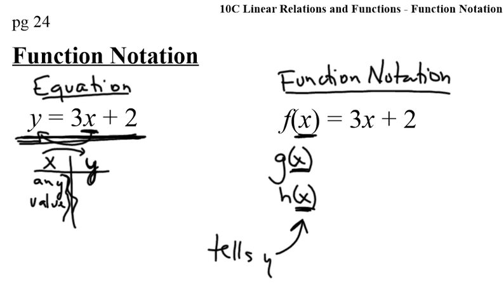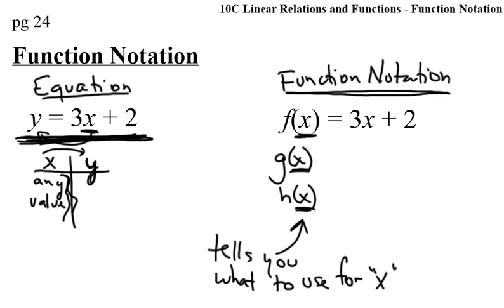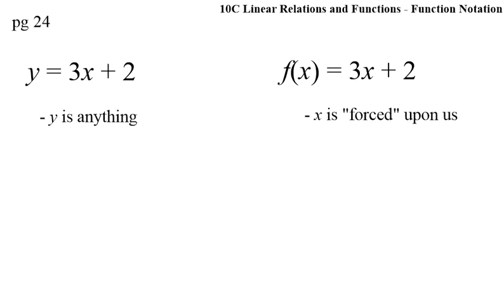It tells you what to use for x. And that's the big difference. Equation, open-ended. Function notation, it's saying we have some kind of function, but we want you to use this in the function for the x value. Different way of seeing the same thing.